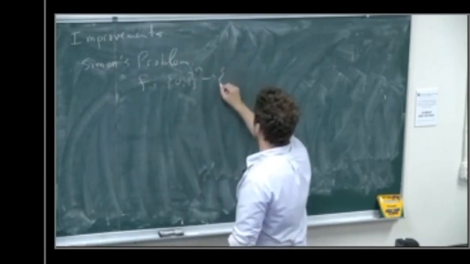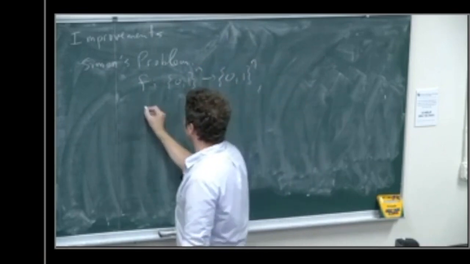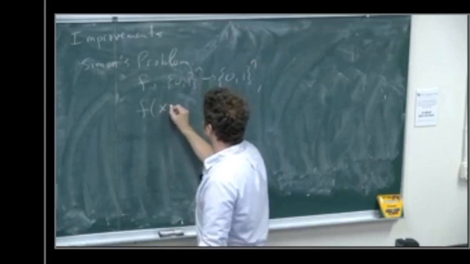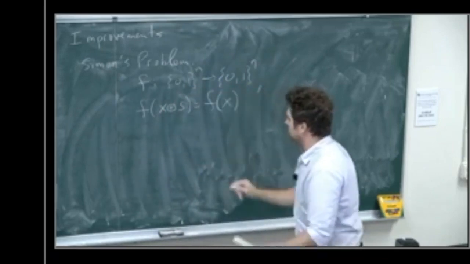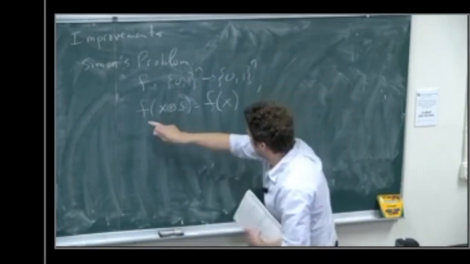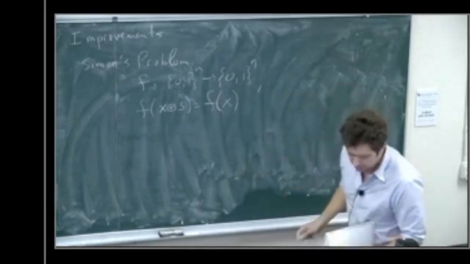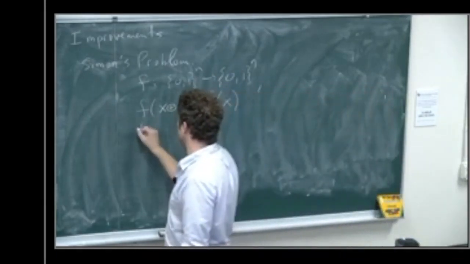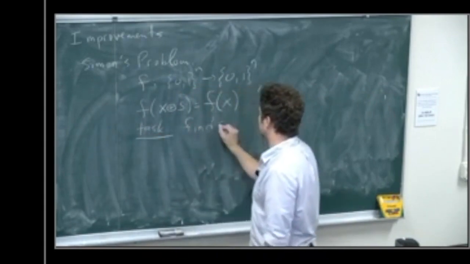And I promise you that for some s, if I evaluate the function on x plus s, it's always equal to the function on x. And then your task is to find s.